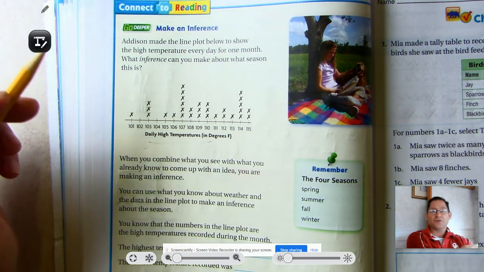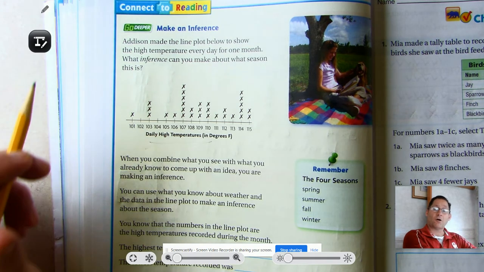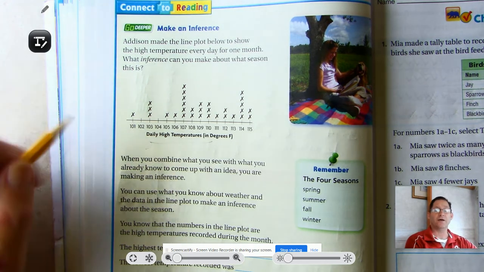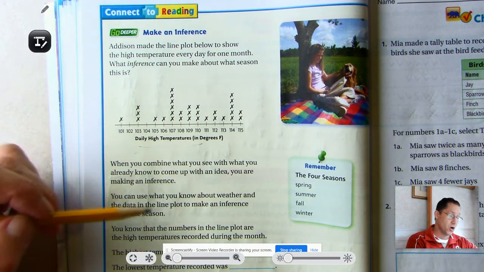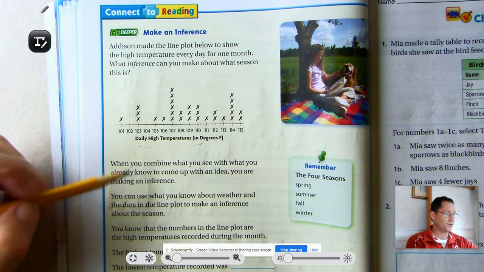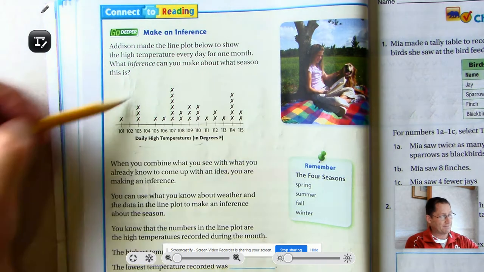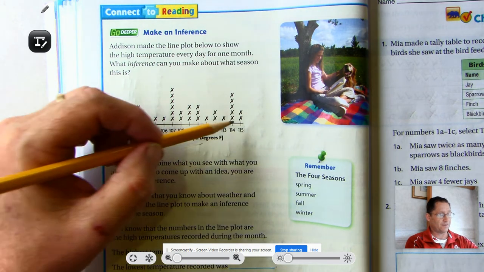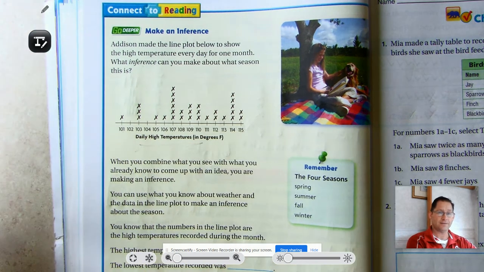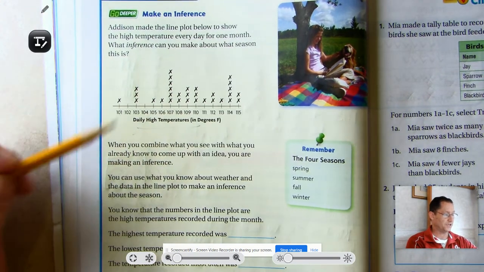When we get into like the 20s and 30s and 40s Fahrenheit, those are our cold winter weather. So when you combine what you see with what you already know to come up with an idea, you're making an inference. So this is the data I'm seeing. I know that temperatures that are in the hundreds are hot. Okay, so this should help me make an inference or a conclusion.